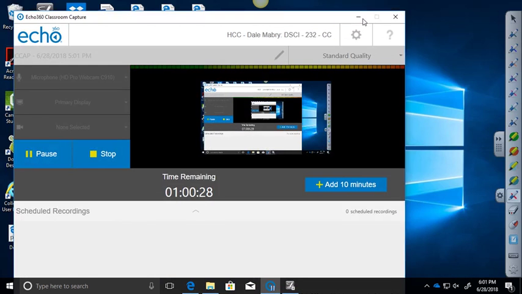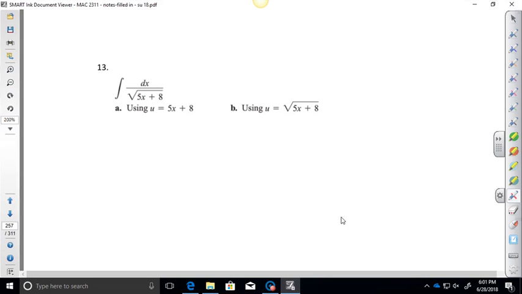If you look at that problem, there are 2 ways to choose u, and you can decide which one is better. You can choose u as 5x plus 8 or u as square root of 5x plus 8, which I wouldn't prefer.